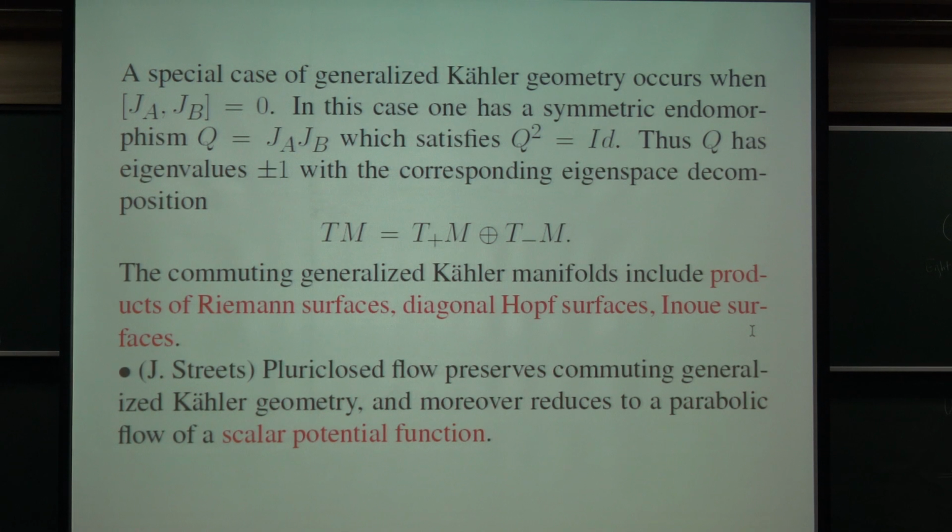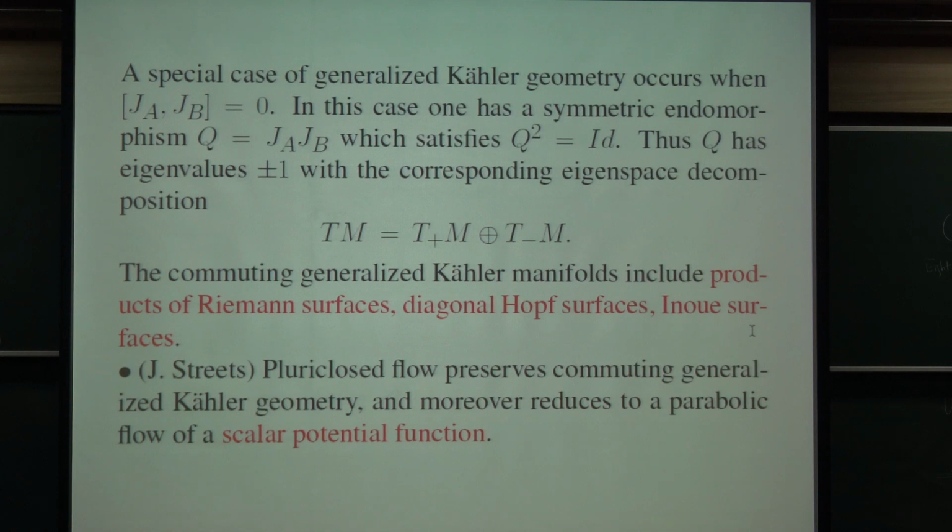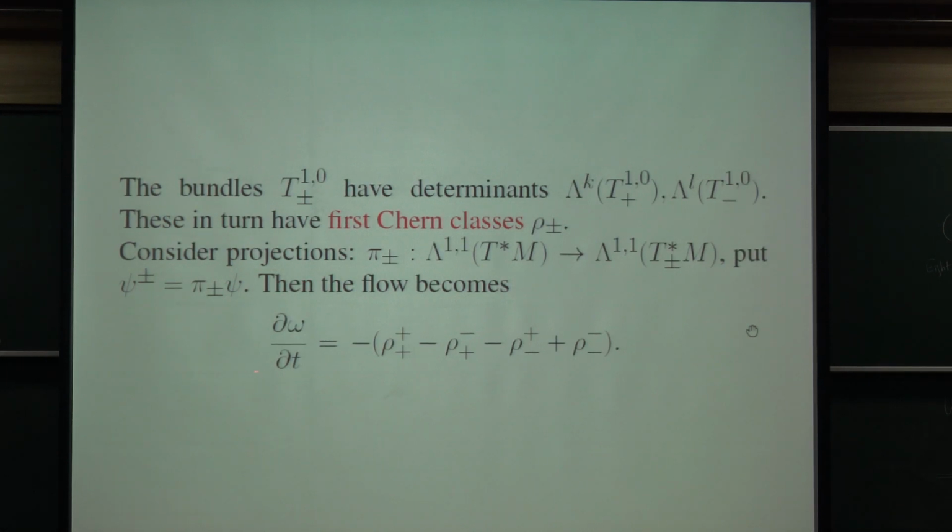Actually, there's a special case where Jeff Streets produced a lot of results. This case is very much like Kähler-Ricci flow. There's also a scalar equation and so on. This class is called the special case of generalized Kähler, meaning the two complex structures commute. In this case he simplified the flow like this. Each of these is a Ricci curvature.